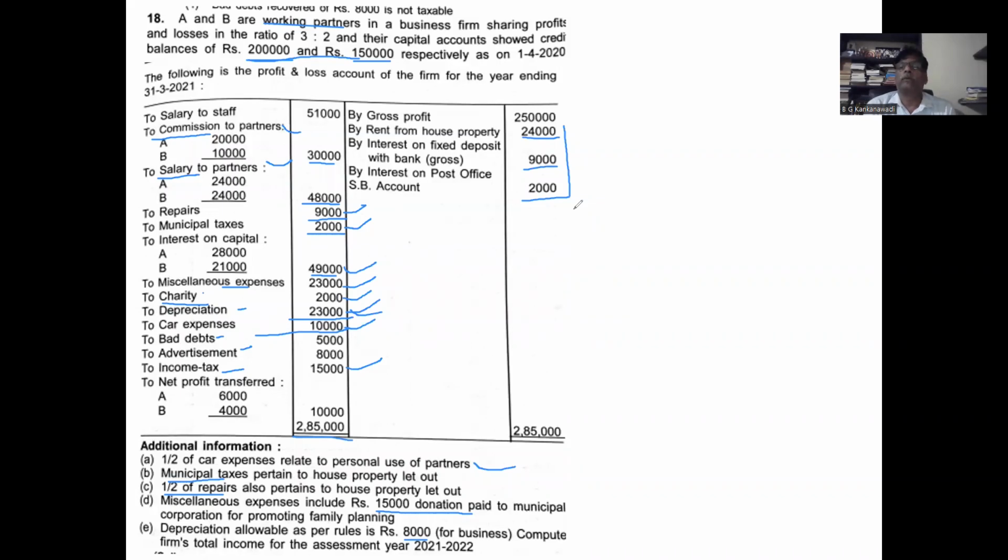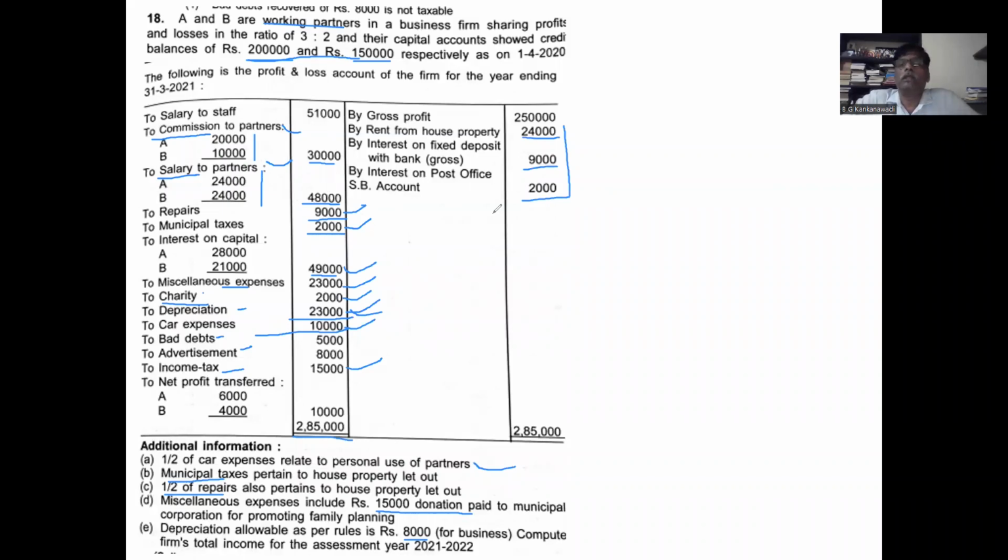Okay, book profit. In the book profit, you give working partner remuneration. So in this problem, working partners are both. A and B are both working partners. So amount given to A and B is first commission 30,000. Thereafter, salary 48,000.